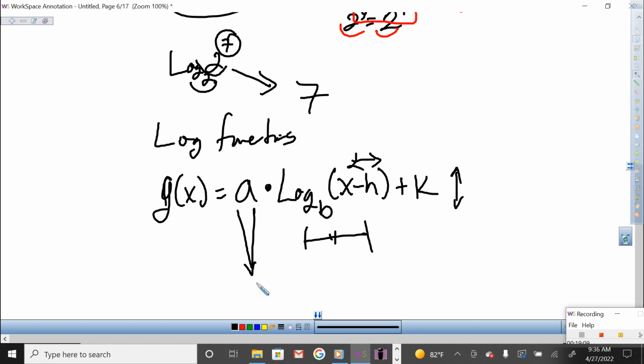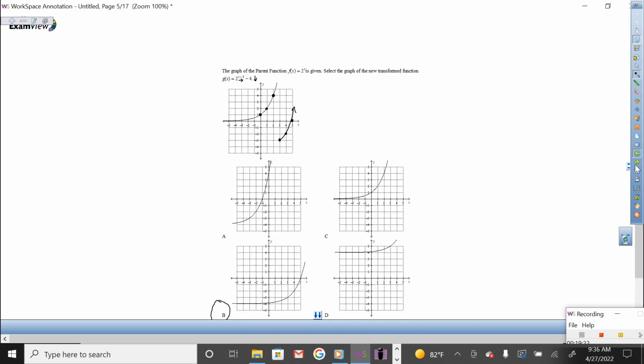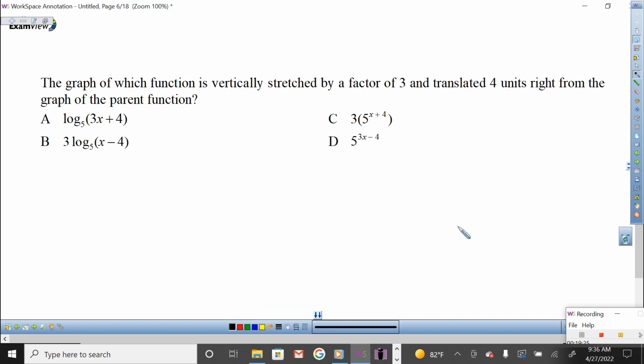So, let's see if we remember all that. Let's go to the study guide, problem number 26. It reads, the graph of which is vertically stretched by a factor of 3, translated 4 units to the right.